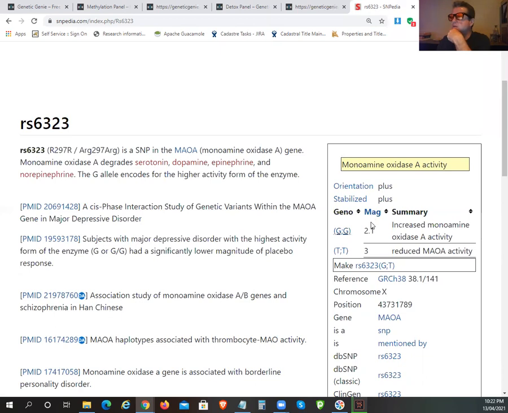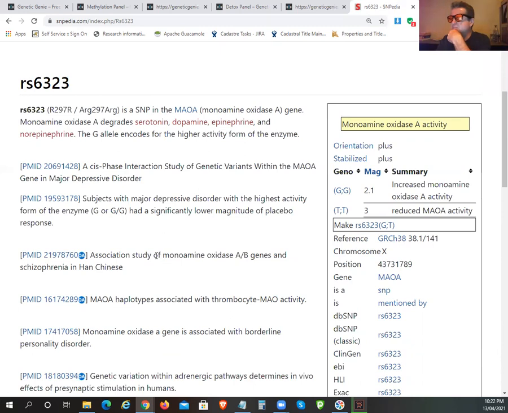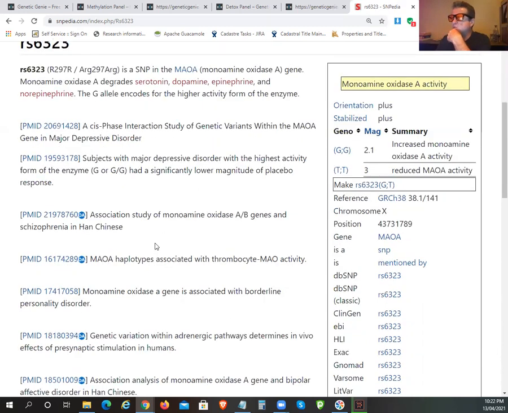So it's the increase. They sort of consider the in-between, but again, as you can see, they usually color code these when they're really confident about the issue.